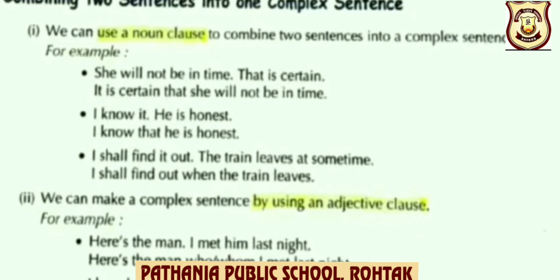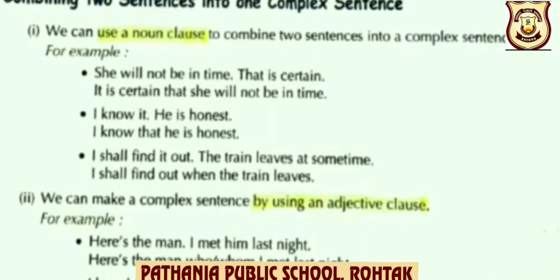Next is how to combine two sentences into one complex sentence. Children, as we know, one complex sentence consists of one independent clause and one or more than one subordinate clause joined by using subordinating conjunctions.